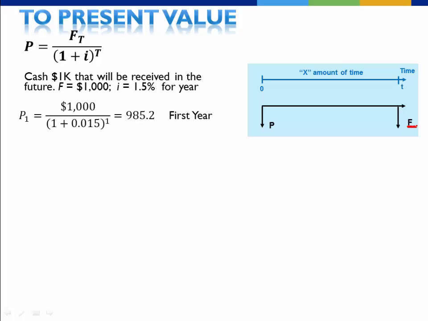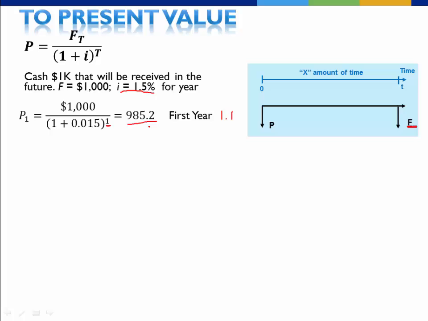Basically, for only 1 year, if this is 1 year ahead, $1,000 at a 1.5% discount rate represents only $985. And in this case, the formula that we're using is formula 1.1.